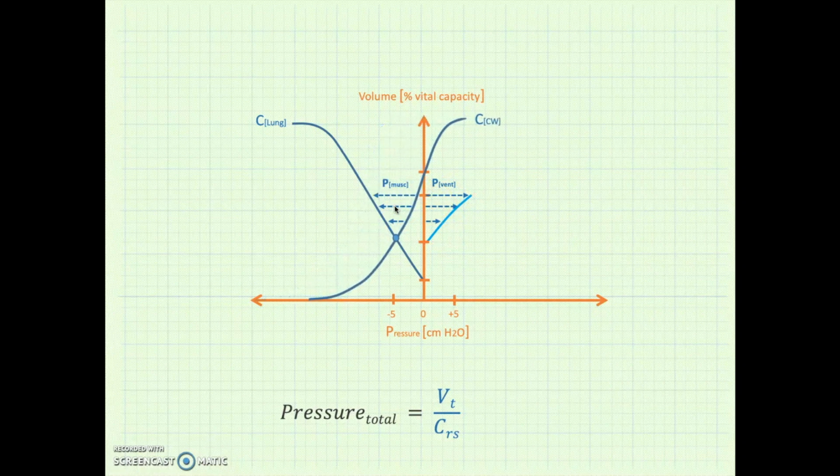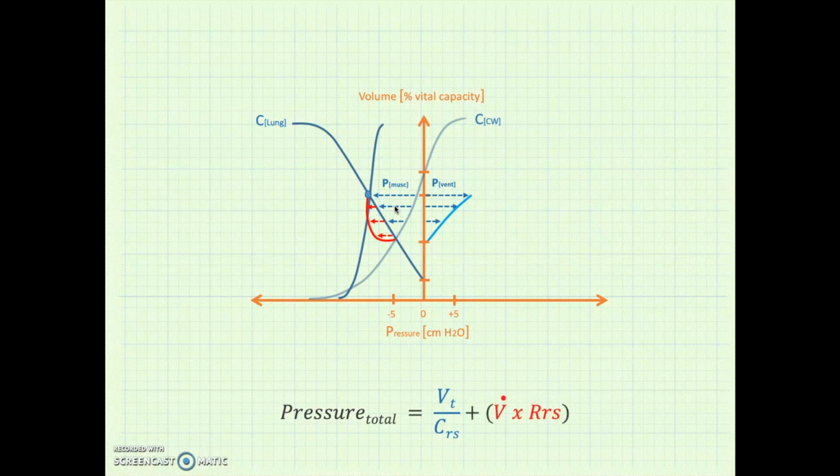So if we go back to our baseline at functional residual capacity, I've only really told you half the story because there's an additional amount of pressure that must be applied by the muscles of respiration to drive gas flow, or the dynamic component of respiration. And so when the chest wall muscles activate, there's actually this additional amount of pressure in red here for each level of volume on the y-axis.